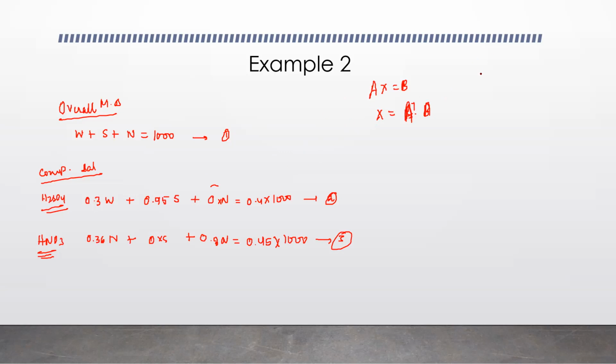Where matrix A is going to be 1, 1, 1, that is coefficients of the first equation, then 0.3, 0.95 and 0, coefficients of the second equation, and 0.36, 0 and 0.8. All right, that is going to be your matrix A. Then to find out its inverse, you have to use 1 upon determinant of A times adjoint of A matrix, right? That's how you get A inverse.